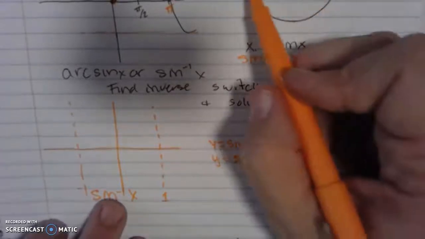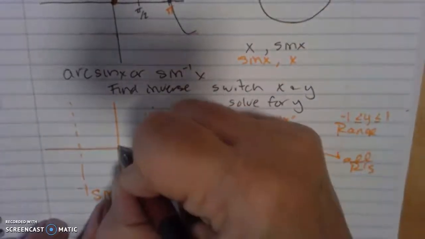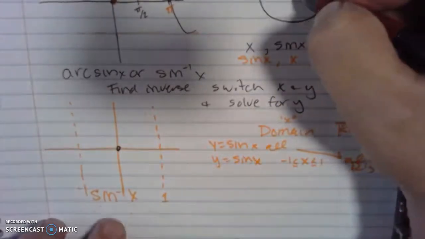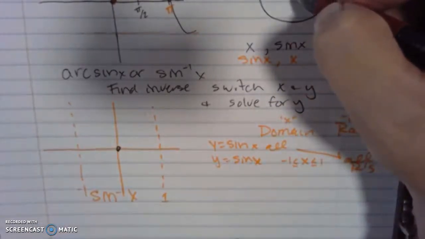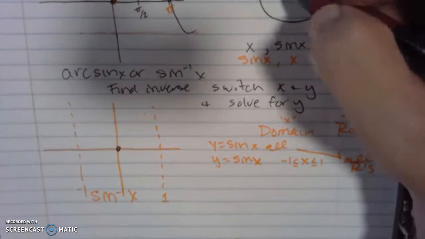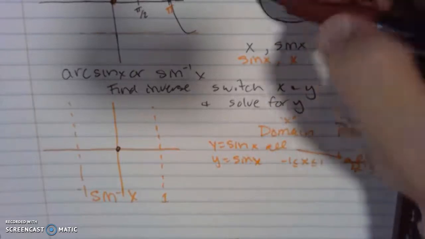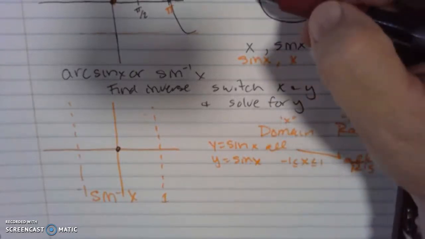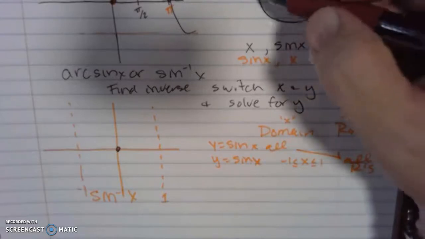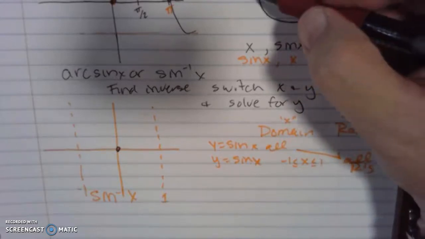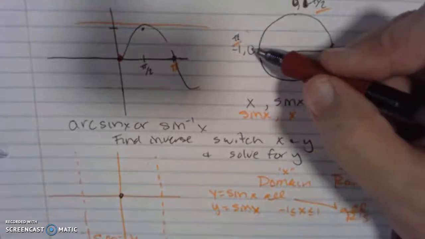Now, remember over here, this point is (0, 0). But over here, when my x is pi, my sine is 0.